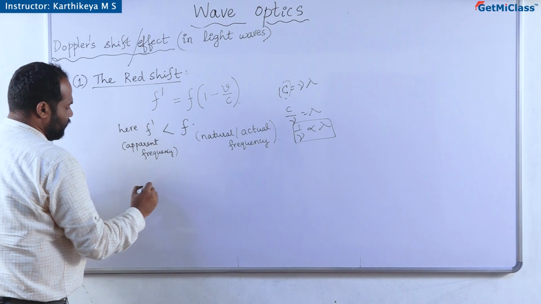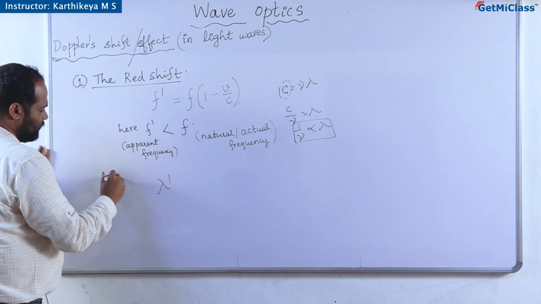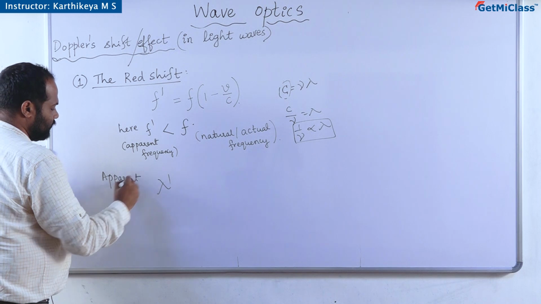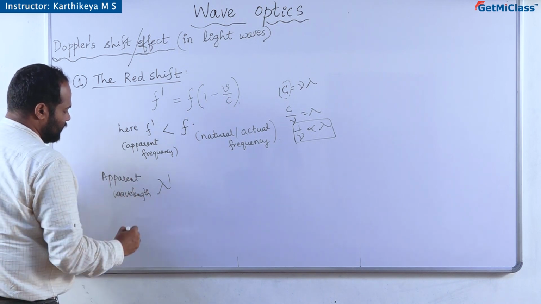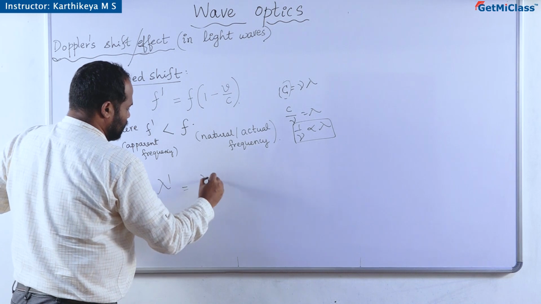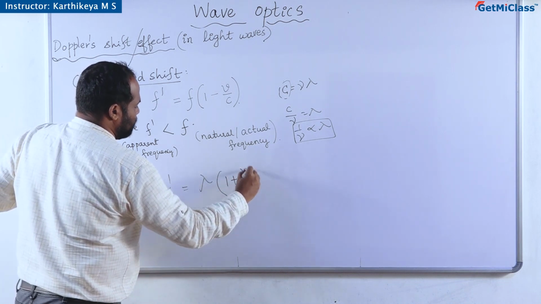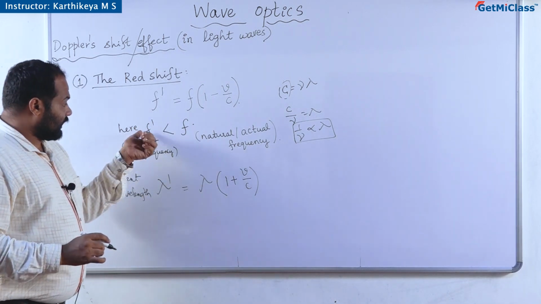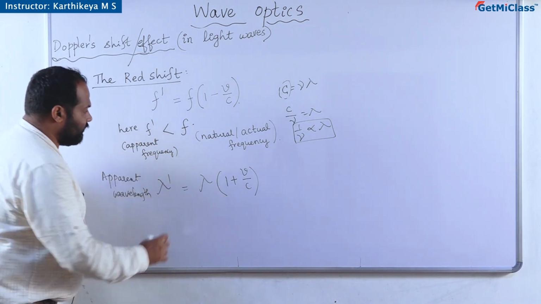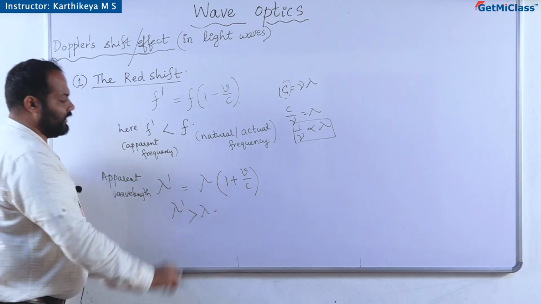Hence, the apparent wavelength lambda dash is equal to the actual wavelength lambda into 1 plus v by c. So when the apparent frequency decreases, that means the apparent wavelength is more than the actual wavelength.